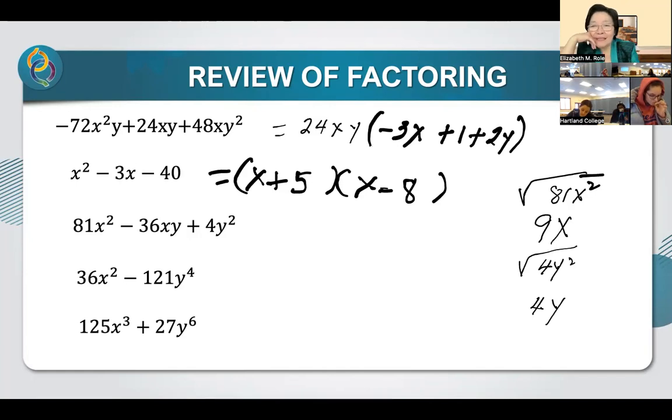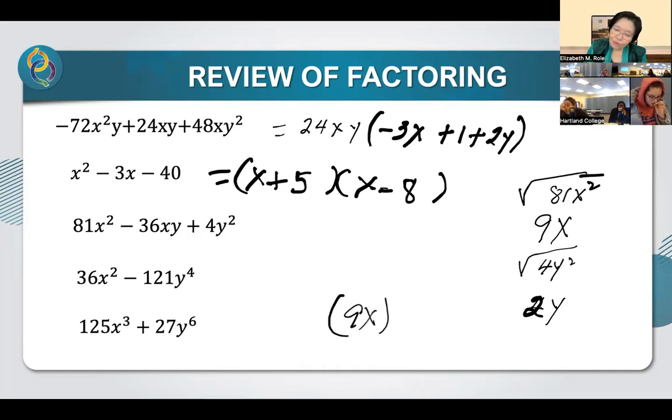Is the middle term twice the product of the square root of the first and the second? Yes. Because, oh, this one is 2y. Sorry for that, that's 2y. 9x times 2y is 18xy.